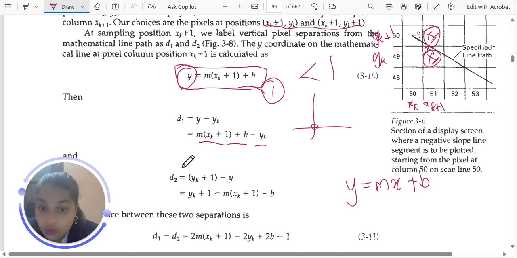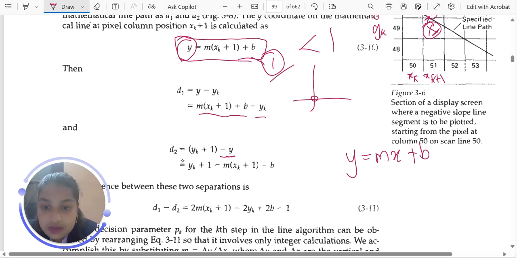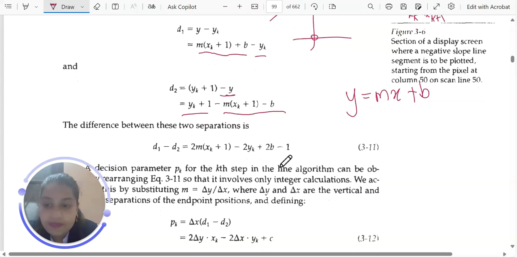Now d2. What is d2? Yk plus 1 minus y. For y we are substituting this value. So yk plus 1 minus m xk plus 1 minus b. That is, after opening the bracket, it will be minus m xk plus 1 minus b.